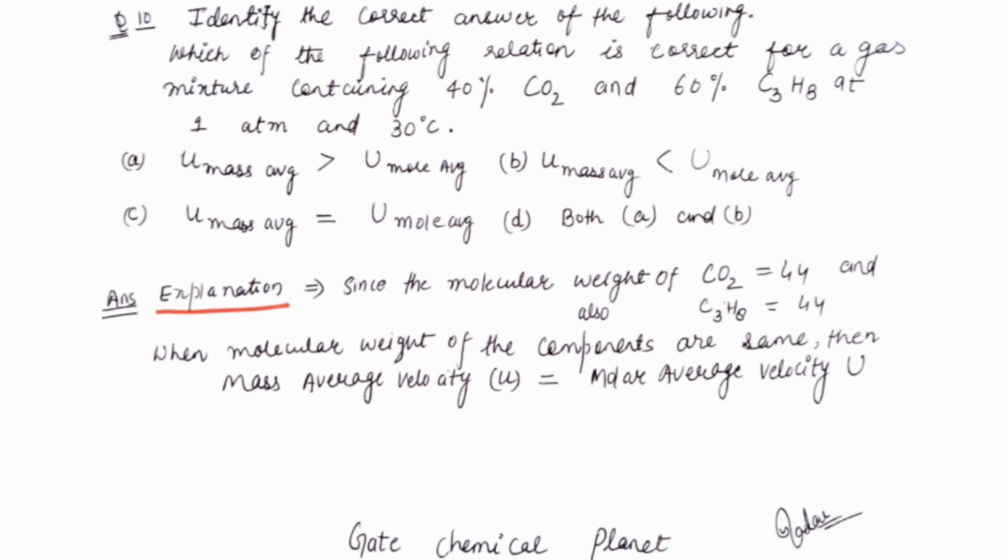So when the molecular weights of the components are equal, the mass average velocity and the molar average velocity are equal. So condition C is correct here: small u mass average velocity equals capital U molar average velocity. In this question the molecular weights of the given components are equal, so the mass average velocity equals the molar average velocity, and option C is correct.